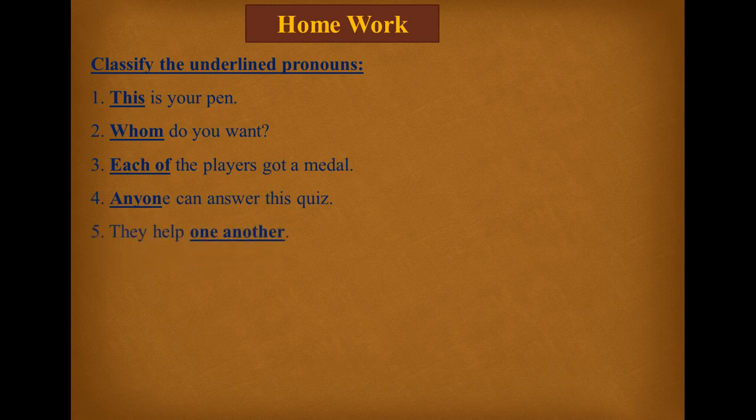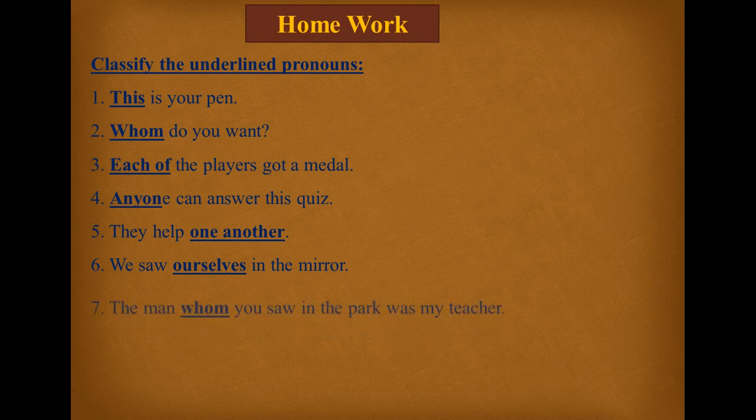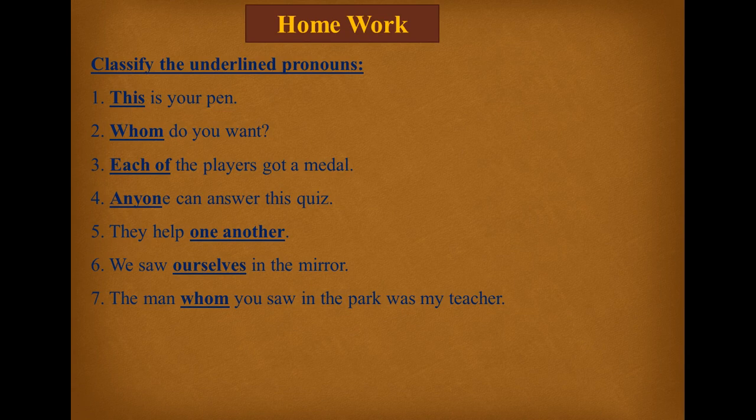Number 5, they help one another. Underlined words are one another. Sentence number 6, we saw ourselves in the mirror. Underlined word is ourselves. Number 7, the man whom you saw in the park was my teacher. The underlined word is whom.